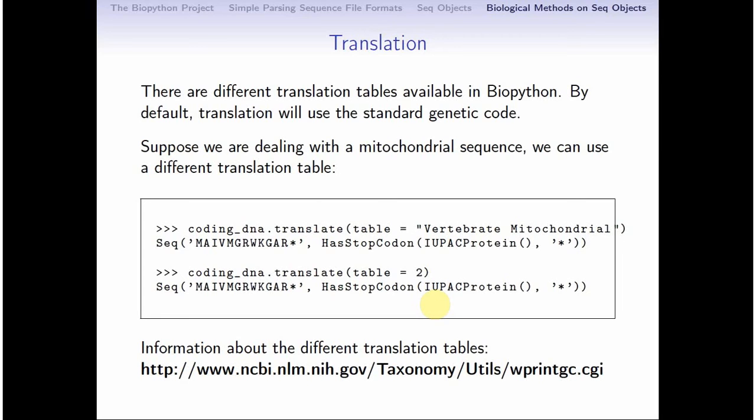So for example, instead of the standard genetic code, we use the mitochondria table. You need to specify which table you use by this optional argument, table equals 2, for the mitochondria table. So over here, some of the sequence will change accordingly. So either use either one.